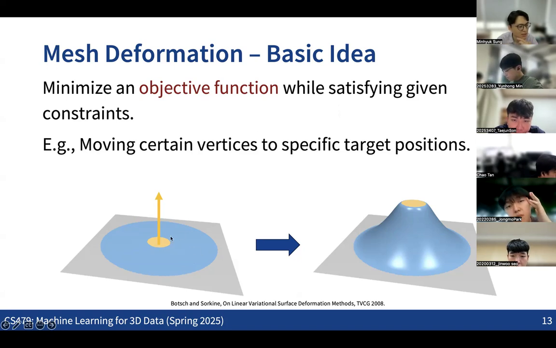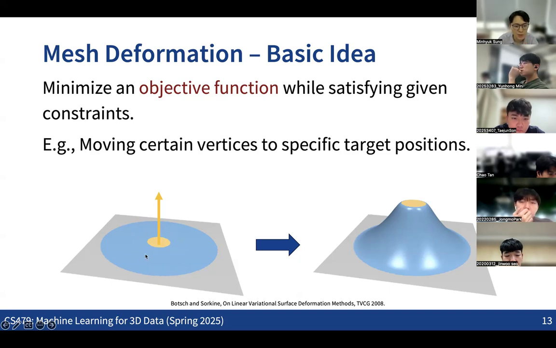Here is an example where we have a flat plane mesh. We'd like to fix the region, the vertices in the gray region, at the same position, while lifting up the yellow region in the upward direction. And the question is that we want to make some kind of deformation for the vertices in the middle area, in the light blue area.